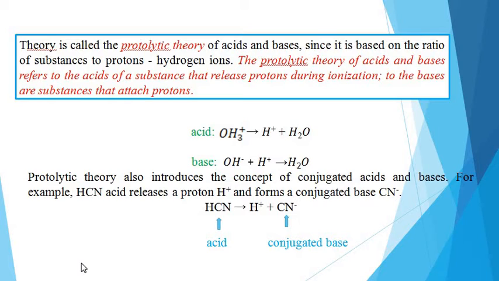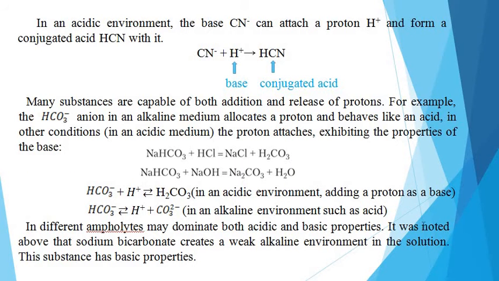The protolytic theory also introduces the concept of conjugated acids and bases. For example, hydrogen cyanide acid releases a proton and forms a conjugated base, the cyanide ion. In an acidic environment, the conjugated base, cyanide ion, can attach a proton and form a conjugated acid, hydrogen cyanide.